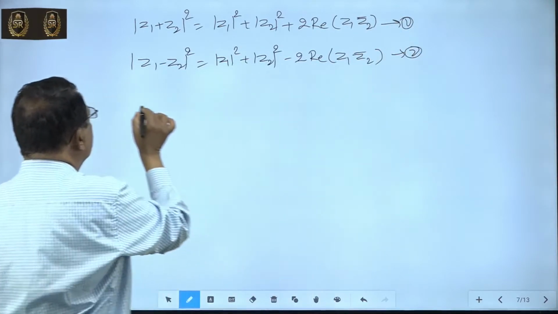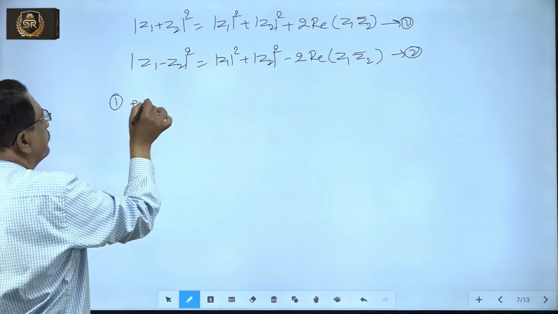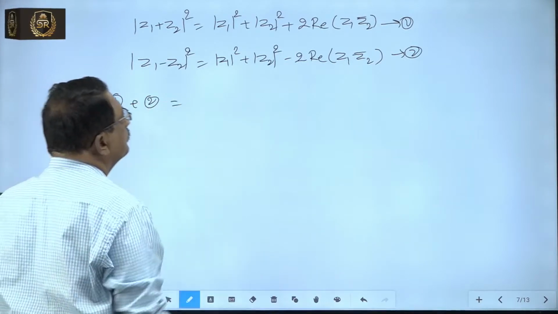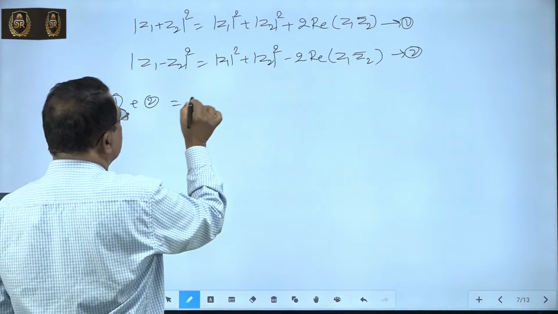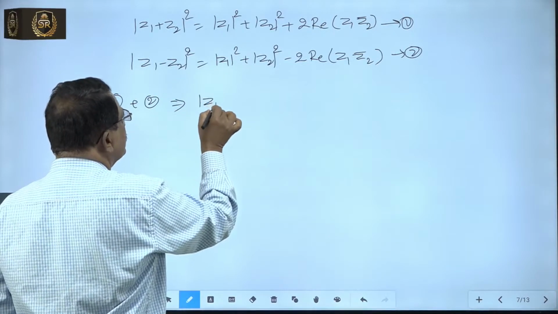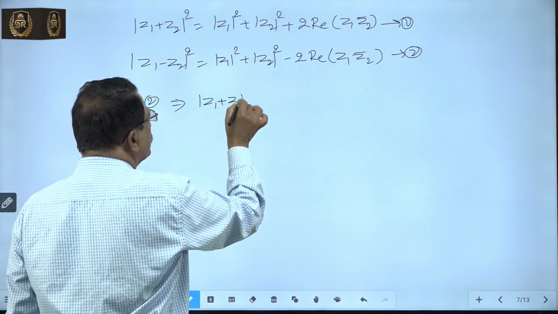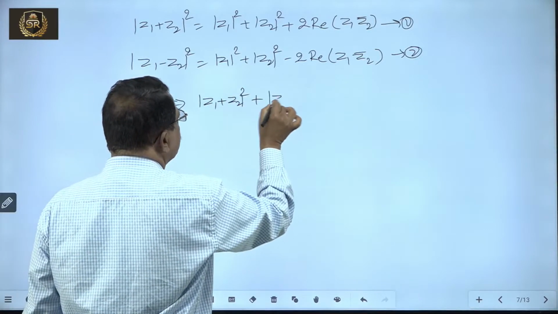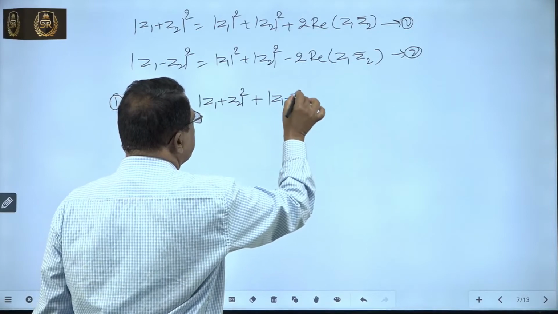If suppose adding both 1 plus 2, how much do you get? Mod of Z1 plus Z2 whole square plus mod of Z1 minus Z2 whole square.